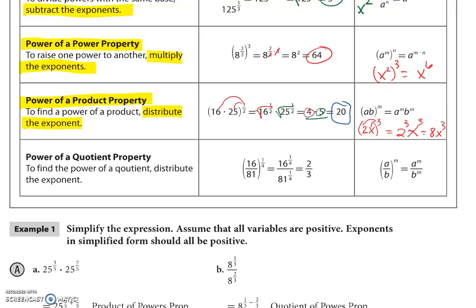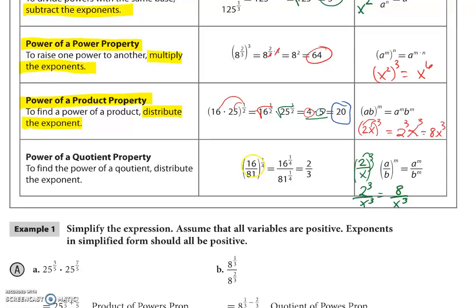And now our last property here, if we had, let's say, 2 over x, all to the power of 3, which you can distribute the exponent to both the numerator and denominator and get 2 cubed over x cubed, or 8 over x cubed.